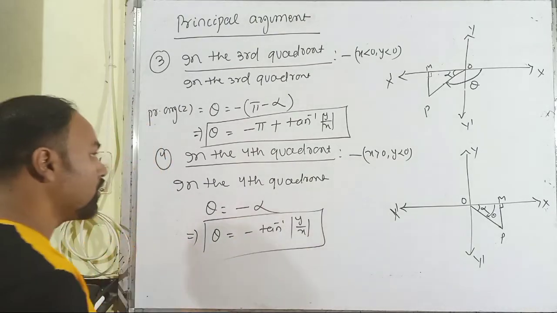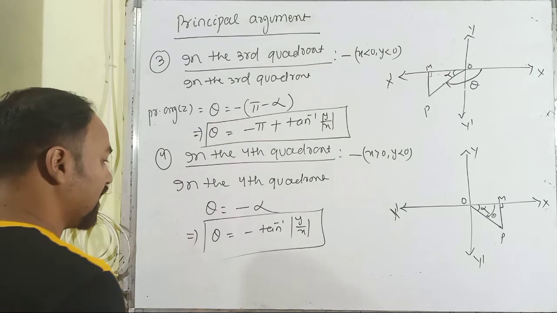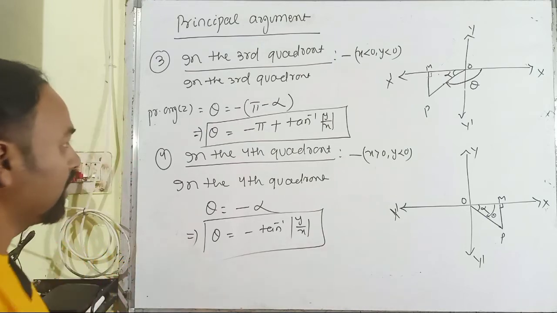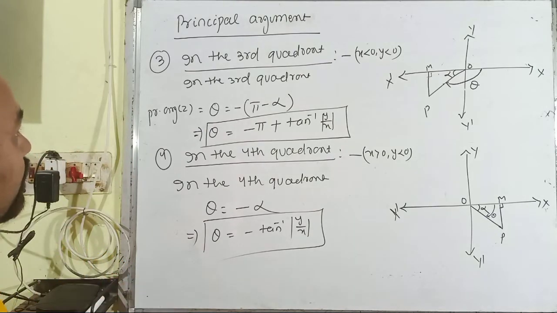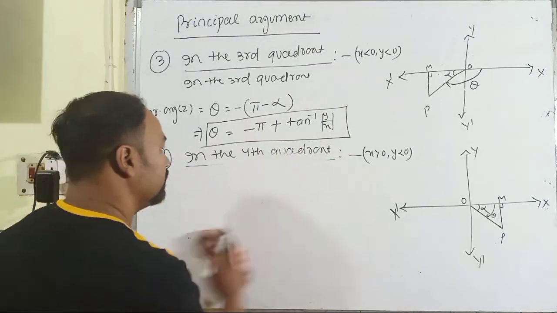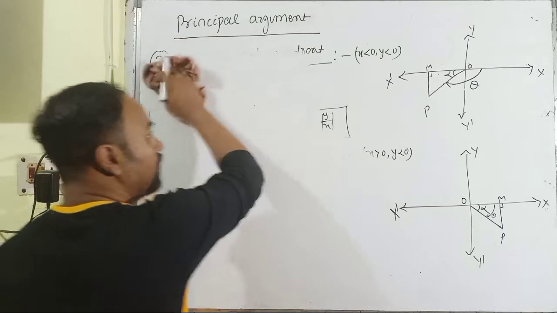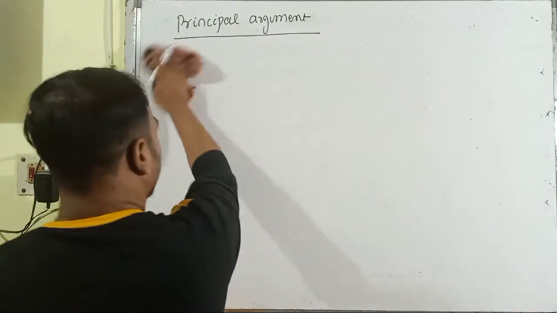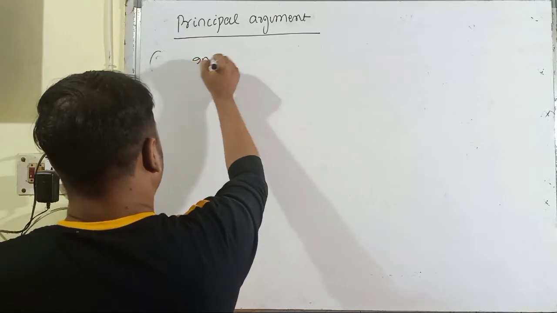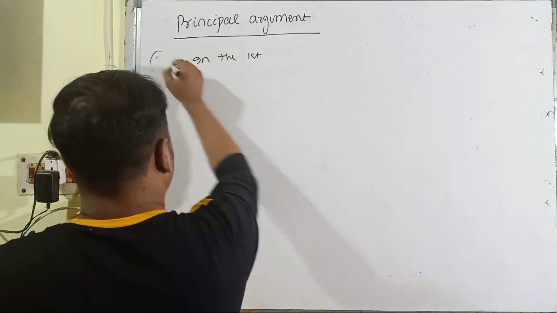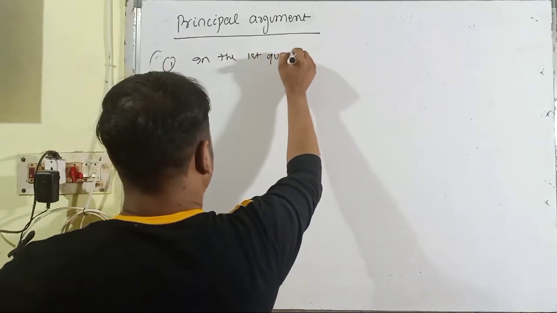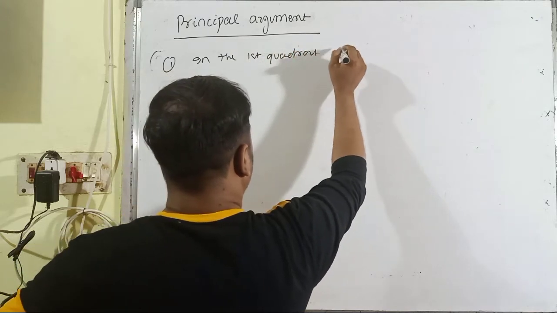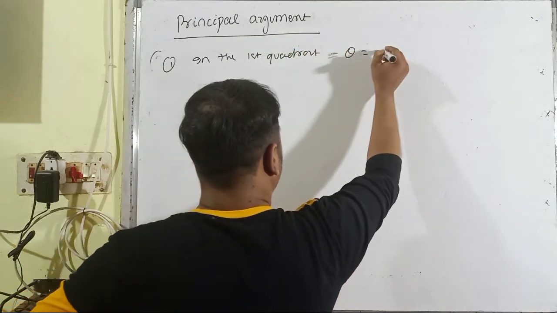So these are the four formulas. Let us write them down again. What are the formulas of the principal argument of a complex number in different quadrants? In the first quadrant, theta is equal to alpha.